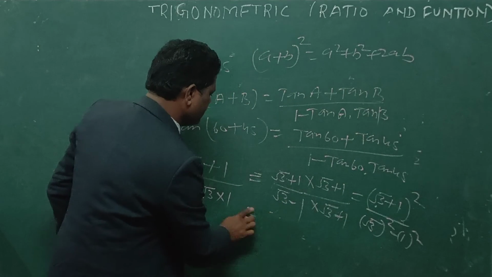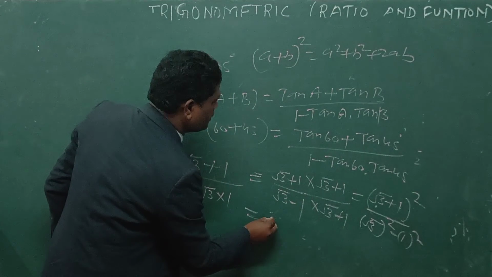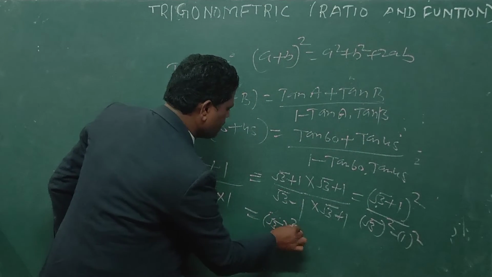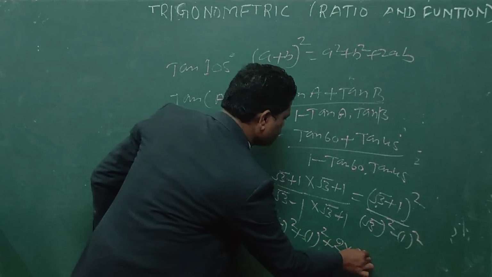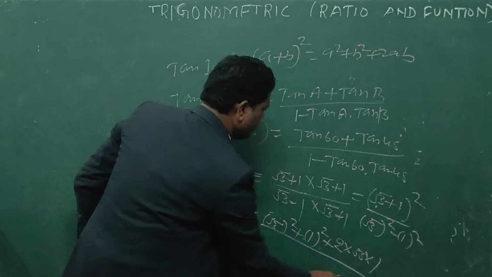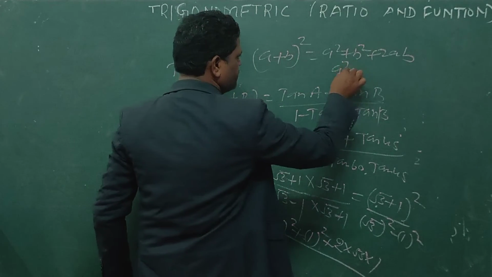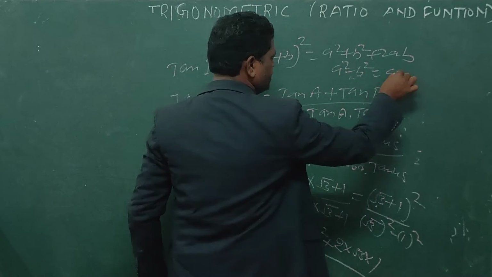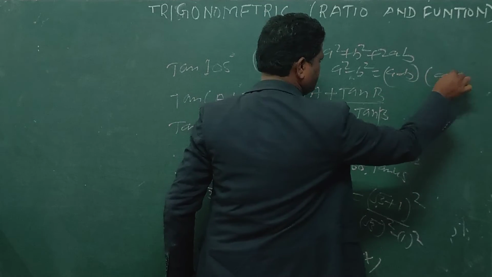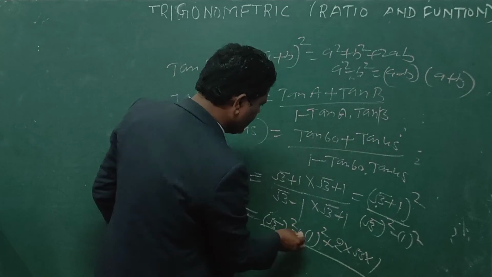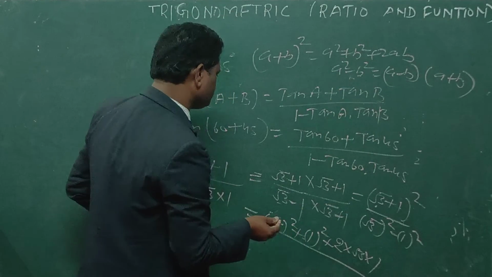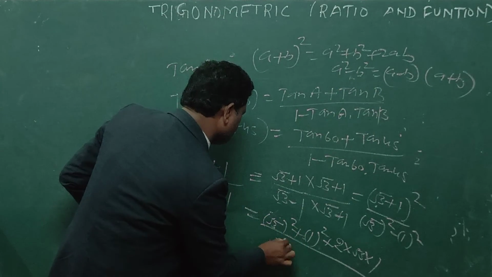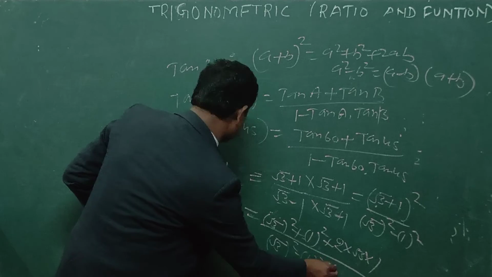So use root 3 square plus 1 square plus 2 into root 3 into 1. And A square minus B square equals A minus B times A plus B, so the denominator is root 3 whole square minus 1 square.